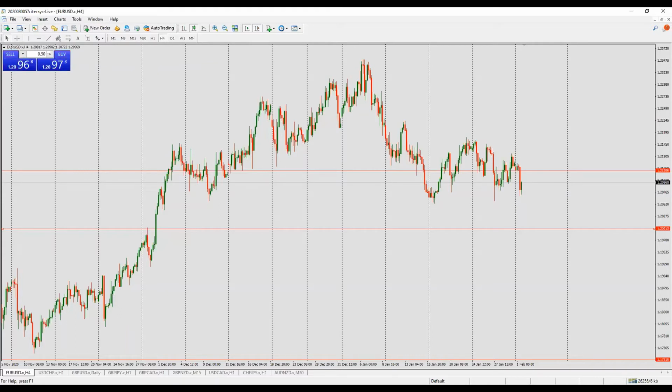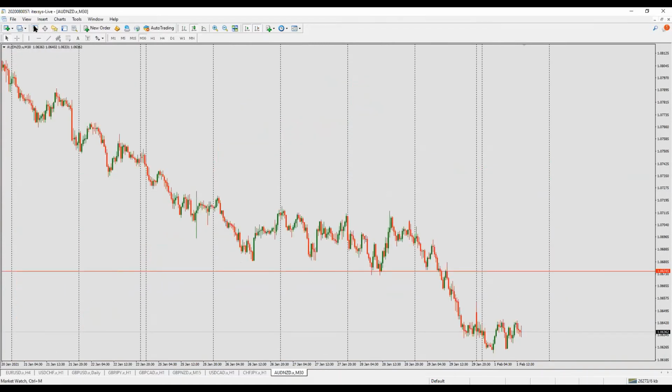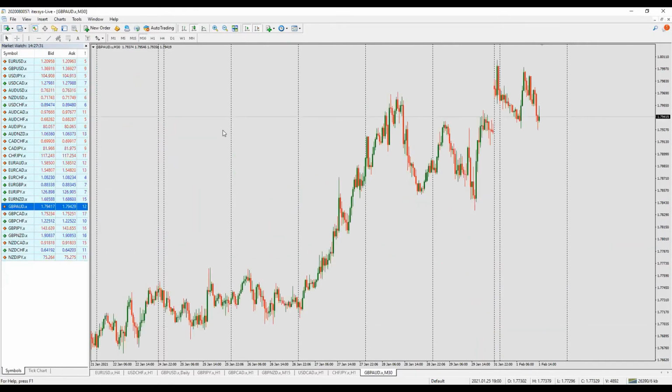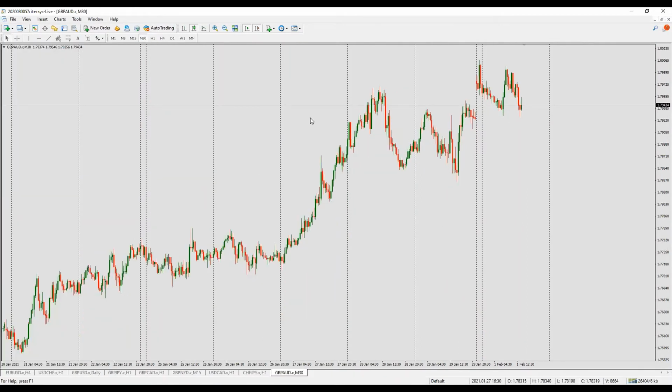So let's continue and go back to the previous request. We continue with the pound against the AUD, pound against the Aussie. So that's the pound against the Aussie.